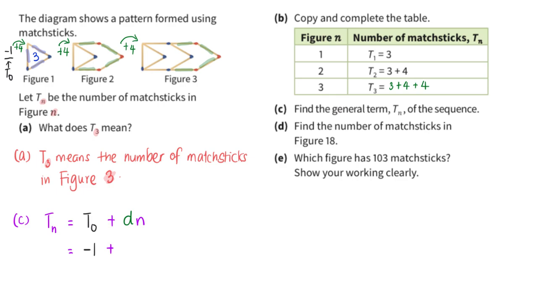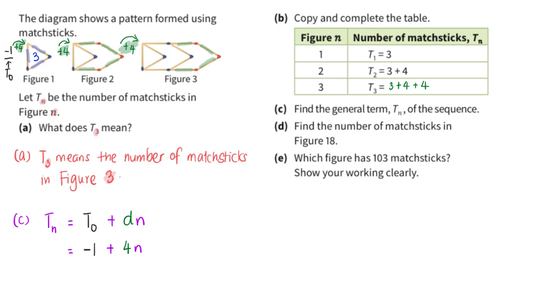I hope you can see that the common difference is 4, because we keep on adding by the same number, 4n. And that's the answer: -1 plus 4n, or you can simply write it as 4n minus 1. Both work as well.